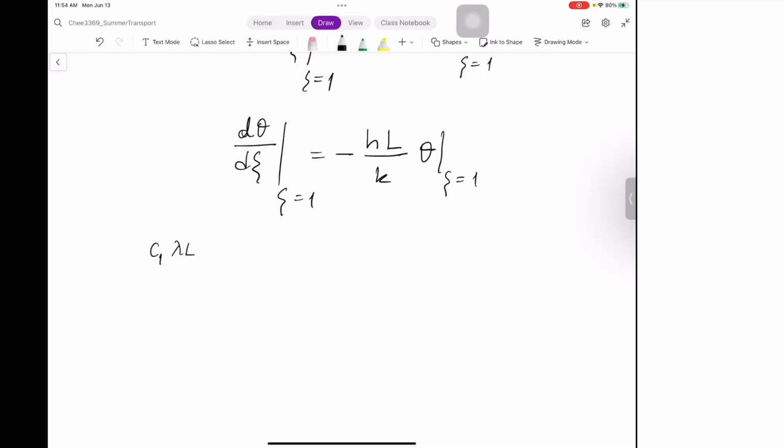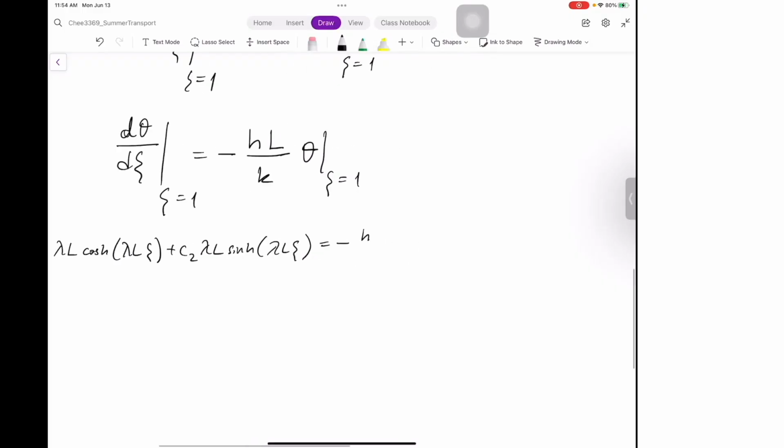The d theta over d psi is C1 lambda L cosine hyperbolic lambda L psi plus C2 lambda L sine hyperbolic lambda L psi, is equal to minus HL over K times theta, which is C1 sine hyperbolic lambda L psi plus C2 cosine hyperbolic lambda L psi, right?